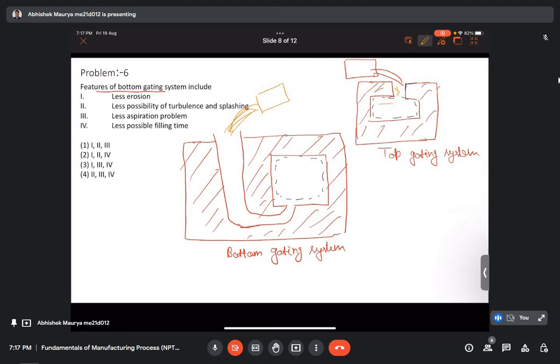So molten metal is being poured, and in the bottom gating system the molten metal will enter the mold cavity from this bottom region, whereas in the top gating system the molten metal enters the cavity from the top.